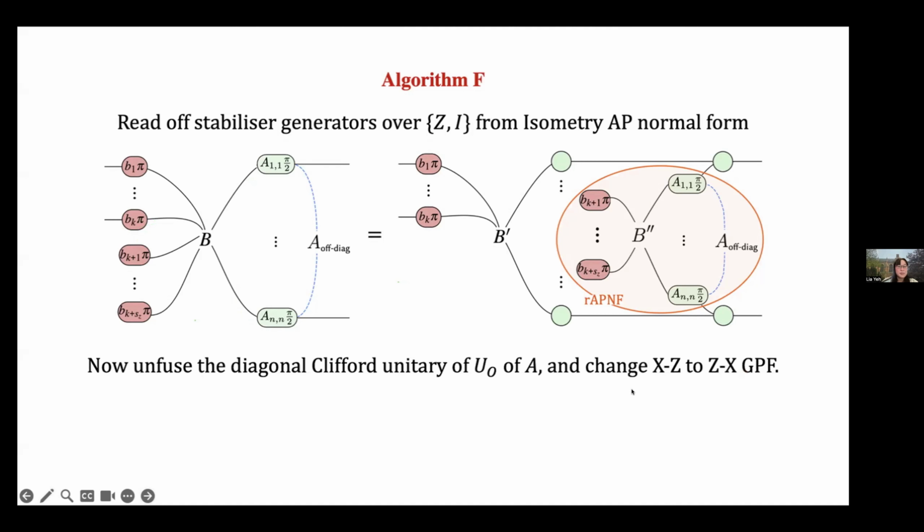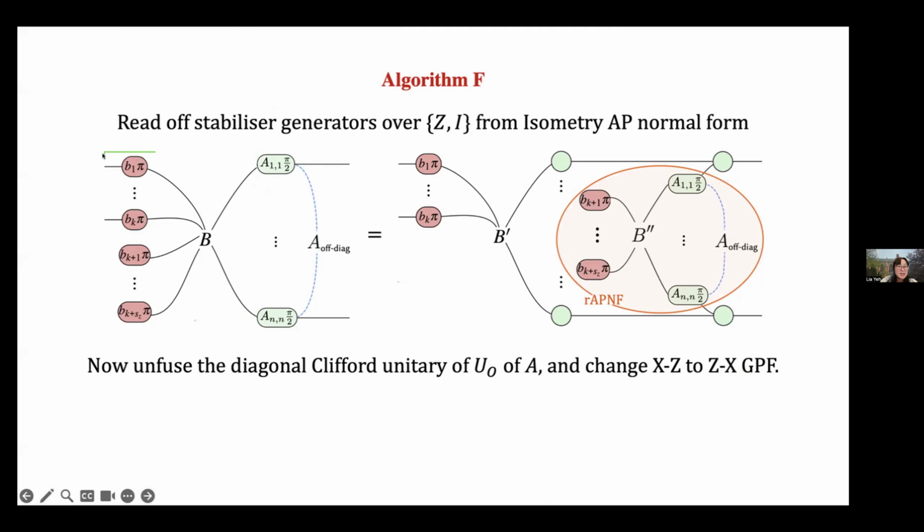Now you can unfuse the diagonal Clifford unitary to read off the other stabilizer generators. Unfuse this part, and now change the inner CSS code encoder, which is a phase-free ZX diagram, from being X-Z GPF to Z-X GPF.